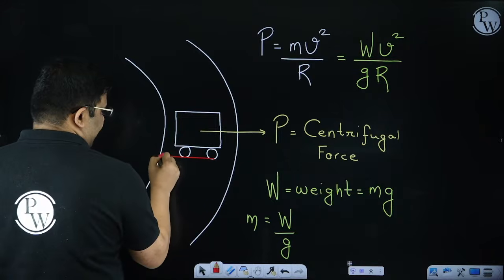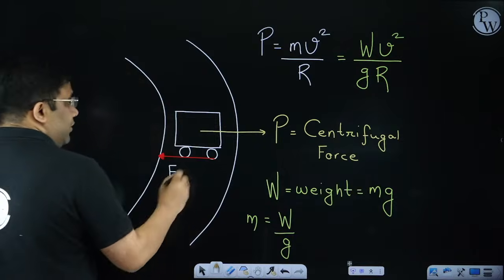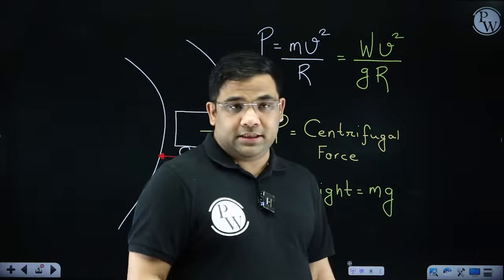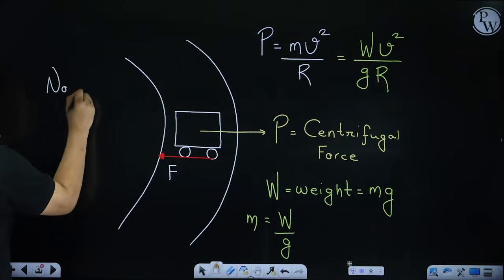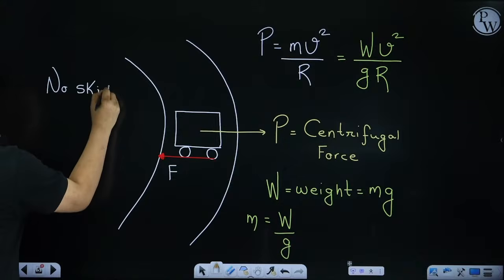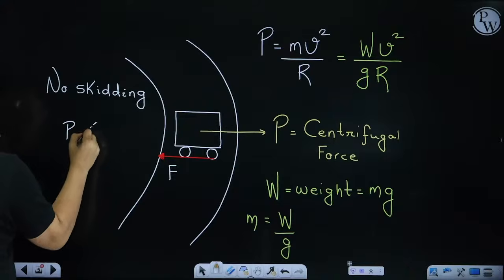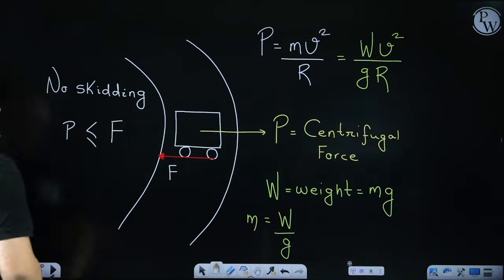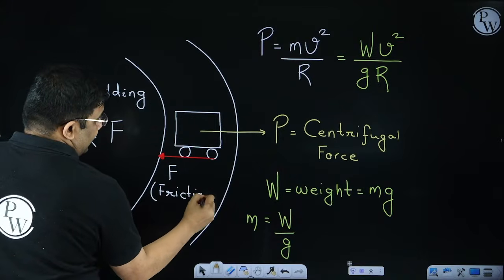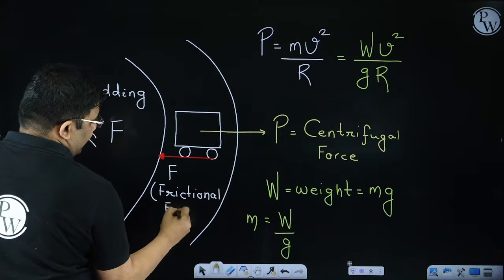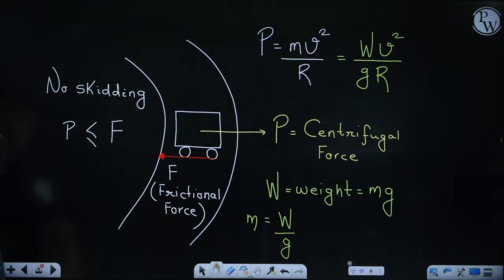For the no skidding condition, to avoid the skidding, this P has to be less than or equal to the frictional force. So when P is less than or equal to the frictional force, it will lead to no skidding.